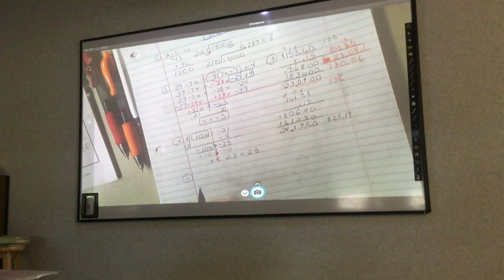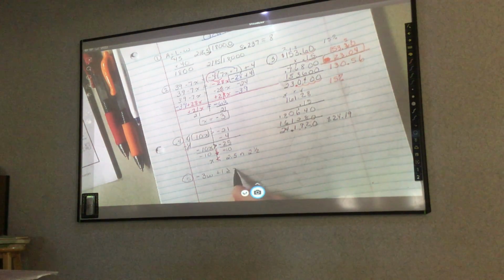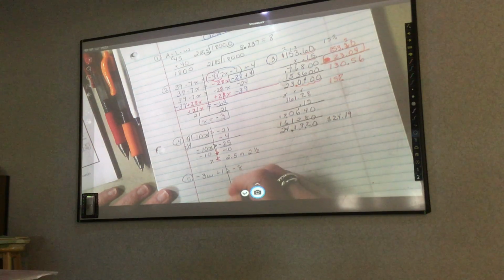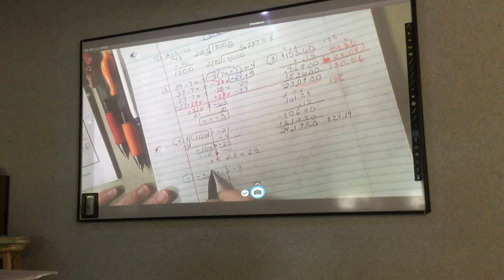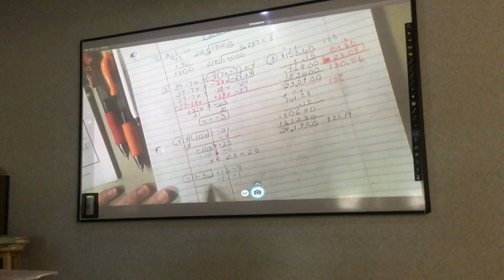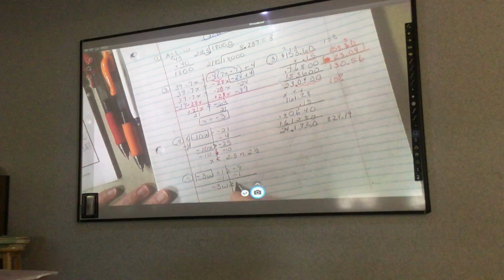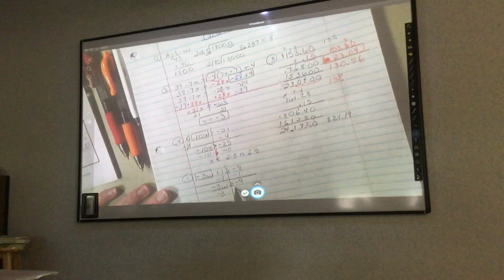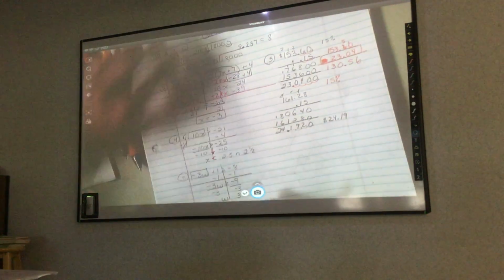Alright, number 5. Solve and graph the inequality on the number line. A negative 3W plus 1 is greater than or equal to a negative 8. Draw my line, box up my negative 3W, subtract 1 from both sides. So the negative 3W is greater than or equal to a negative 9. Divide by a negative 3, divide by a negative 3, W. Now, it's a positive 3. Oops, sorry guys.